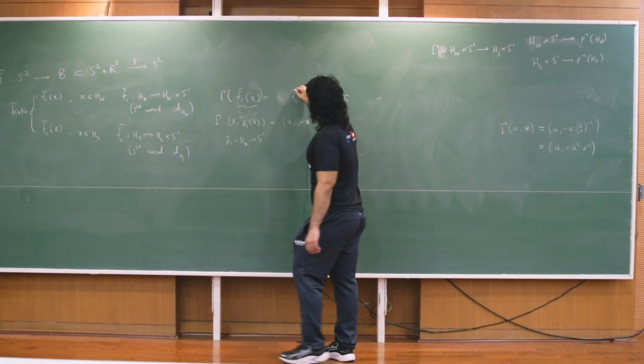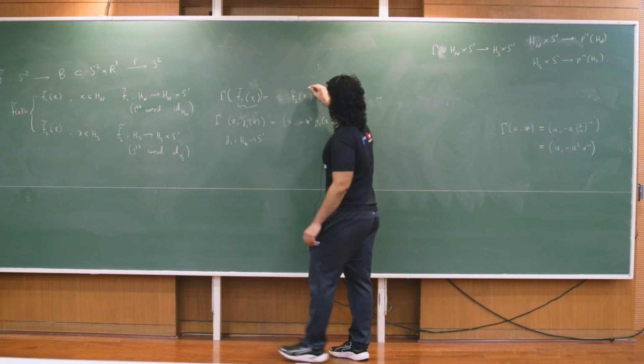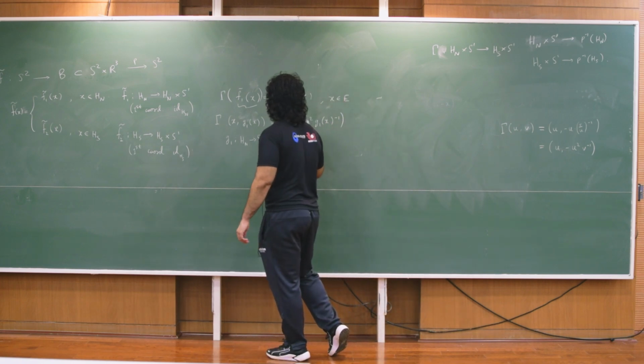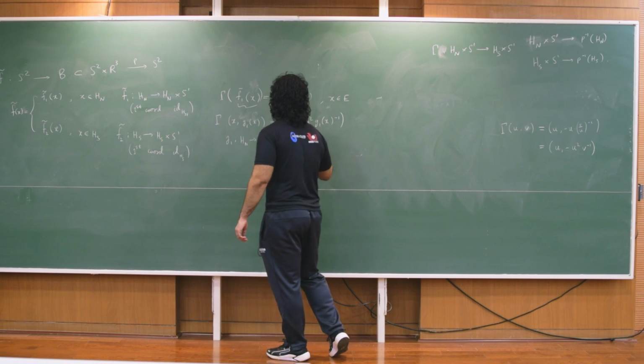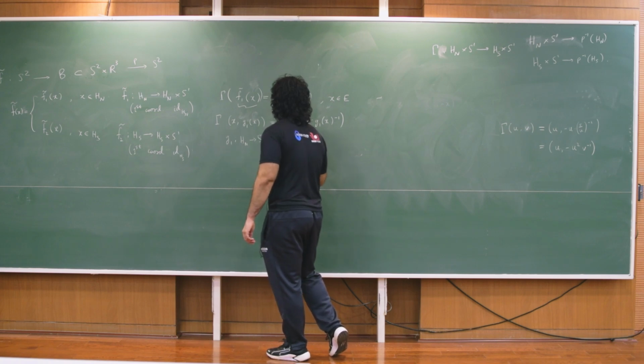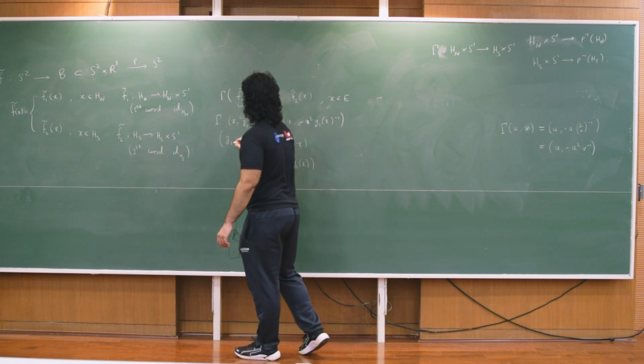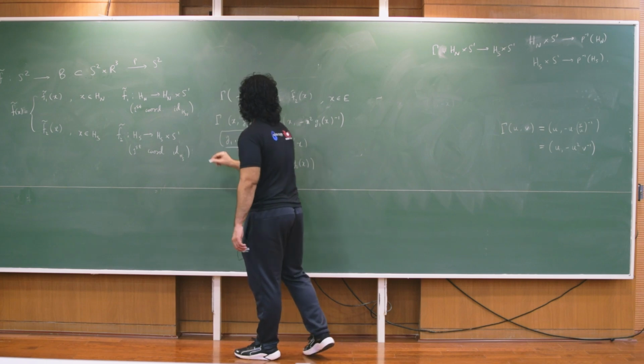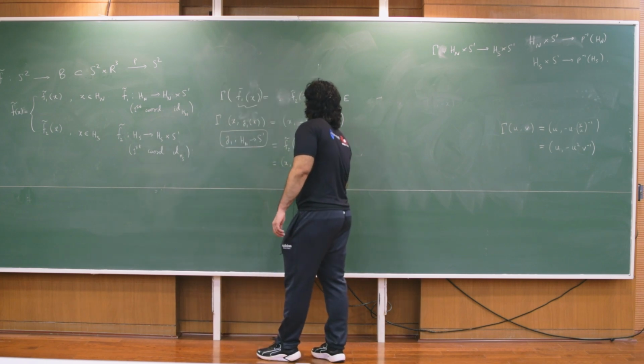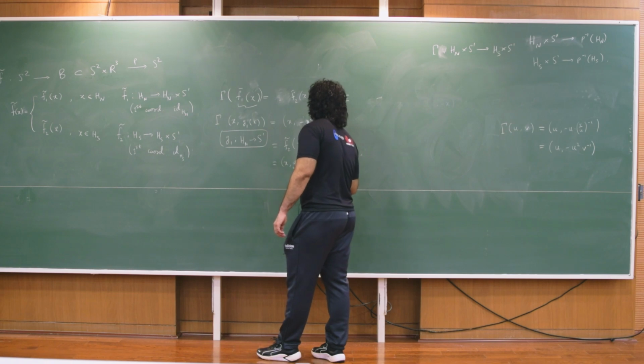And this f2x will again have a similar decomposition. So this is supposed to equal f2 tilde of x. So I can write that as x comma some g2 of x, where g2 is from Hs to S1.